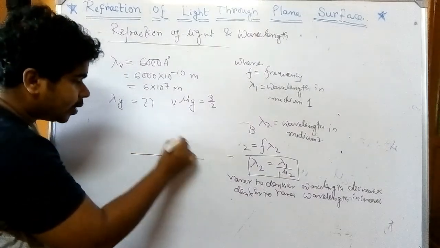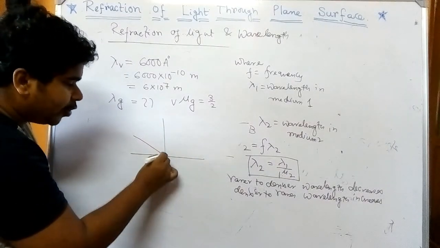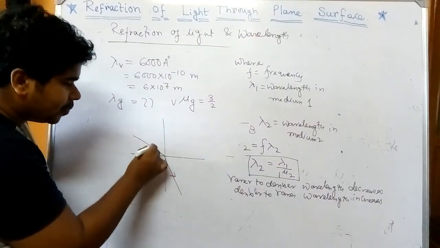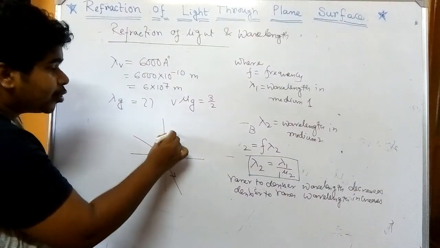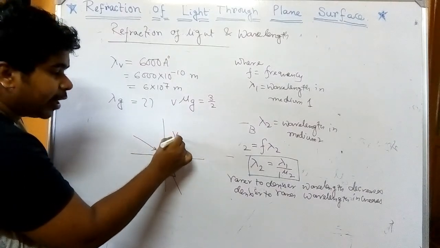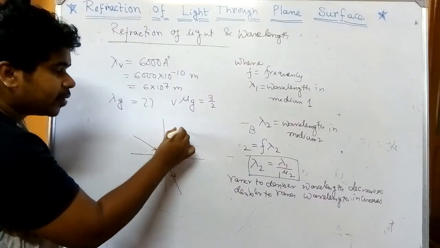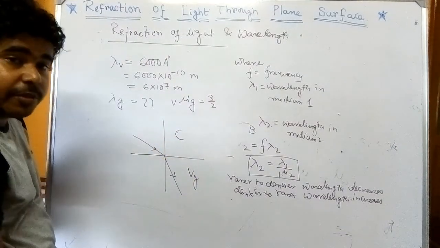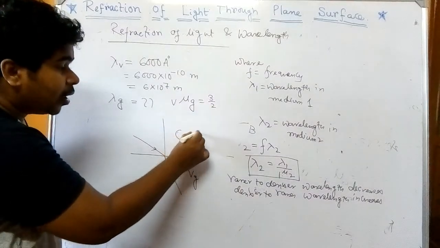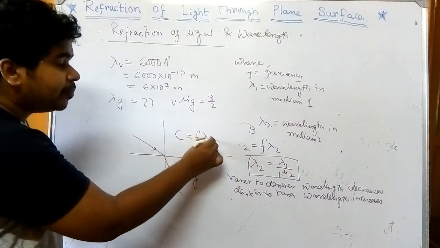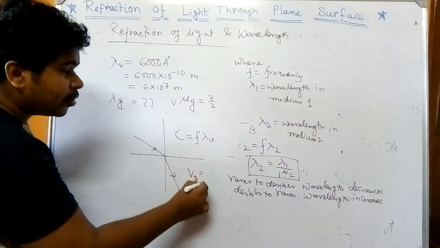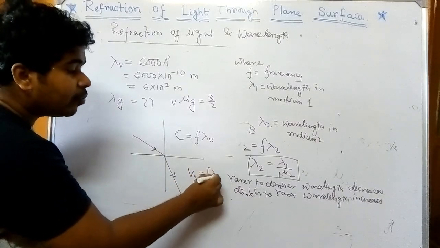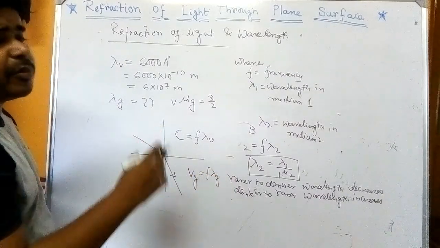As the light ray comes from vacuum to glass, the velocity of light in vacuum is denoted as c, and the velocity of light in glass is Vg. c equals f into lambda v, and Vg equals f into lambda g, just like the previous thing.